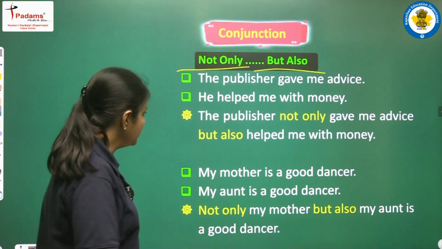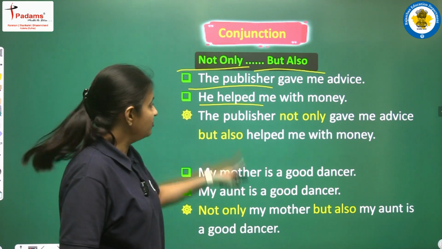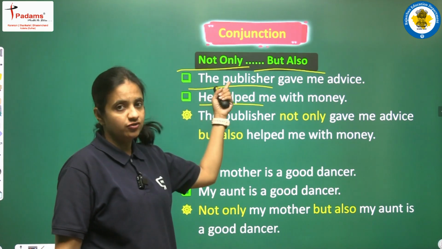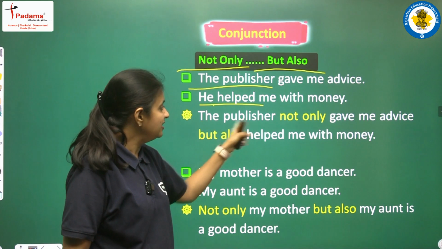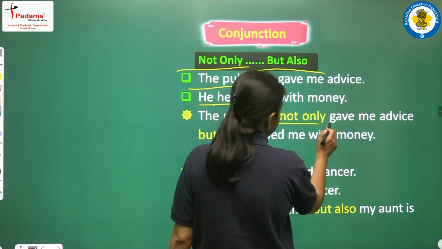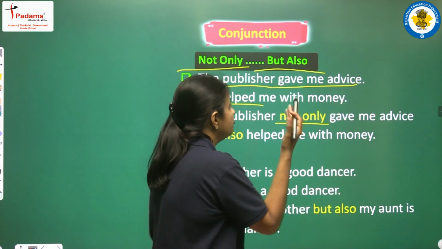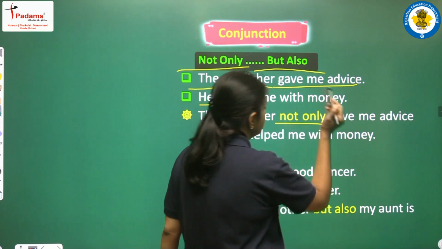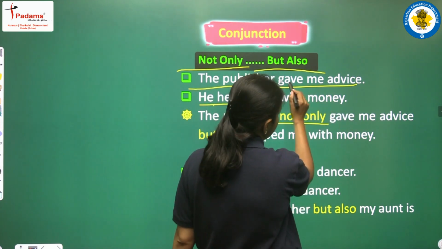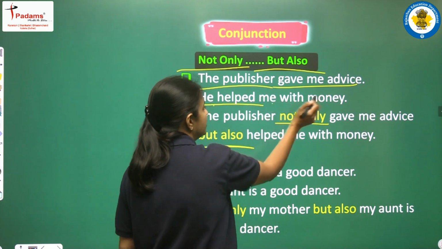How? So let's see. First of all, the publisher is common here because "he" is also used for the publisher. So we will write the publisher only one time. After that, "not only" and the first action that he did. So the publisher not only gave me advice but also helped me with money.